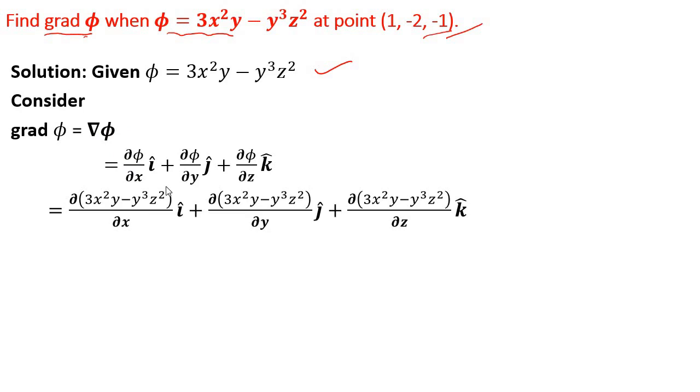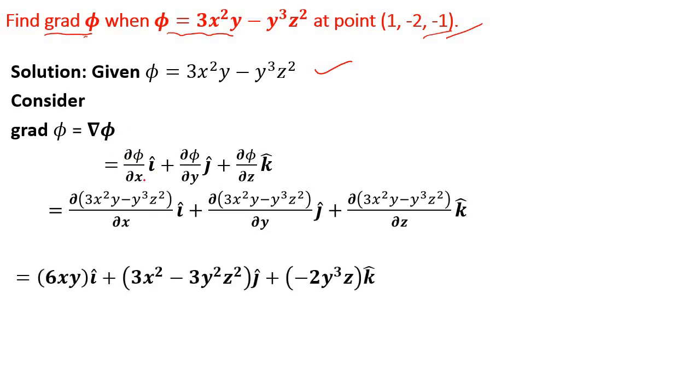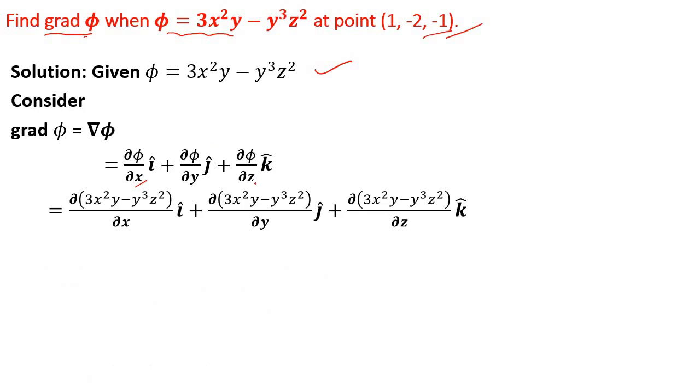It is the partial derivative of phi with respect to x, plus the partial derivative of phi with respect to y, plus the partial derivative of phi with respect to z, multiplied by i, j, k. First substitute phi in this definition. So differentiate phi with respect to x first, then with respect to y, and then differentiate the same phi with respect to z.